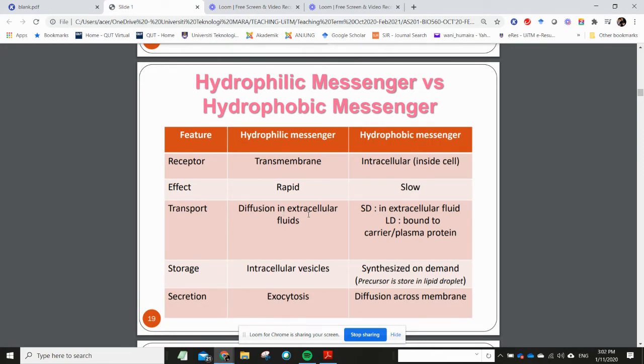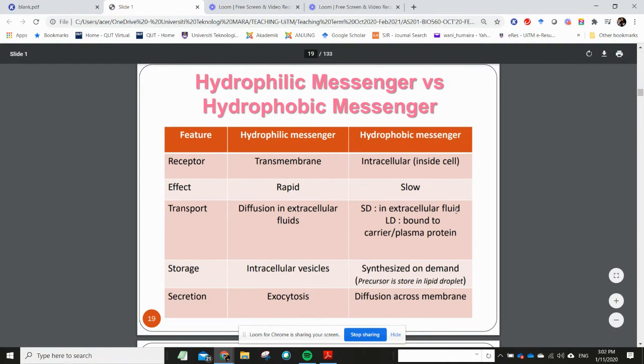Transportation: hydrophilic diffuses easily in extracellular fluid. But for hydrophobic, in extracellular fluid it can travel a short distance, but for long distance it needs a carrier protein to transport it to the target cell.